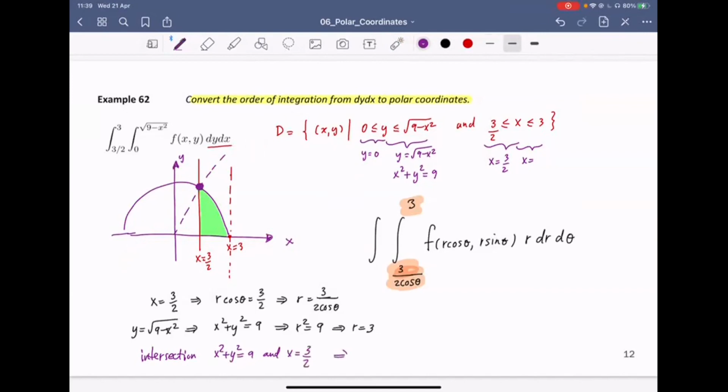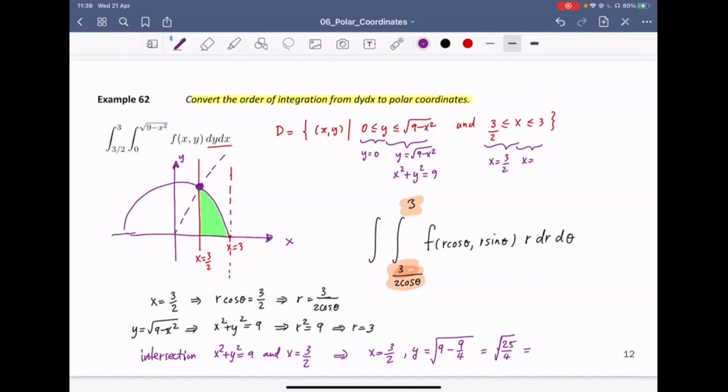You can find the intersection. You get x equal to 3 over 2 and y equal to what? Square root of 9 minus 9 over 4, right? Because you just plug x equal to 3 over 2 in, and then you get square root of 25 over 4. Ooh, the number looks intense, right?